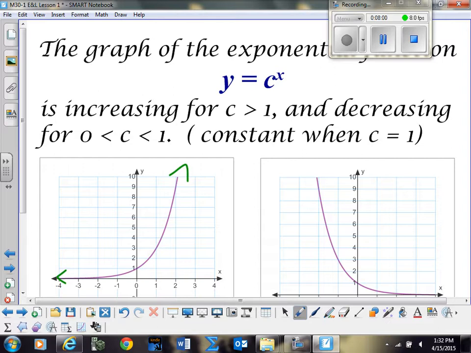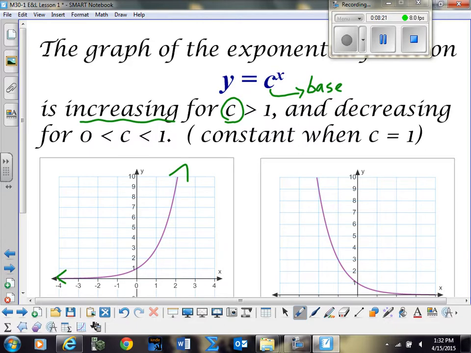So it's increasing when the c value, remember the c is the base of the exponent, is greater than 1. The examples that we did were 2, 3, even 1.5. As long as it's greater than 1, we will have exponential growth, so it's increasing.